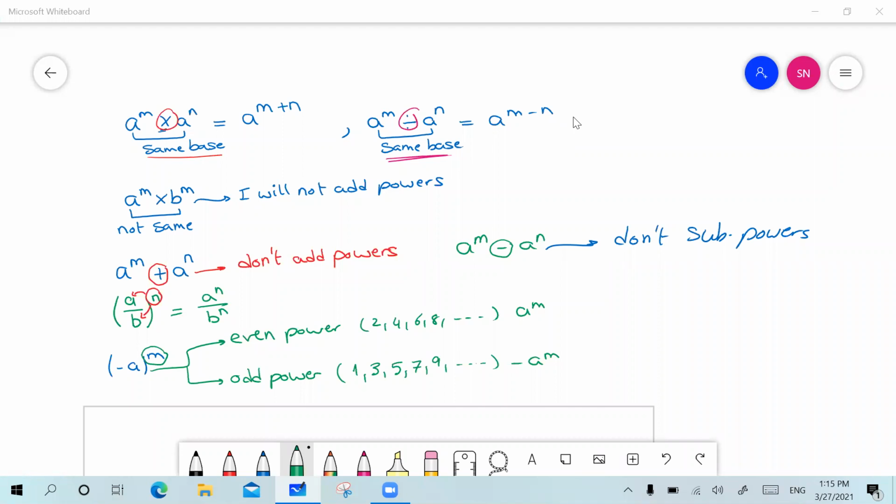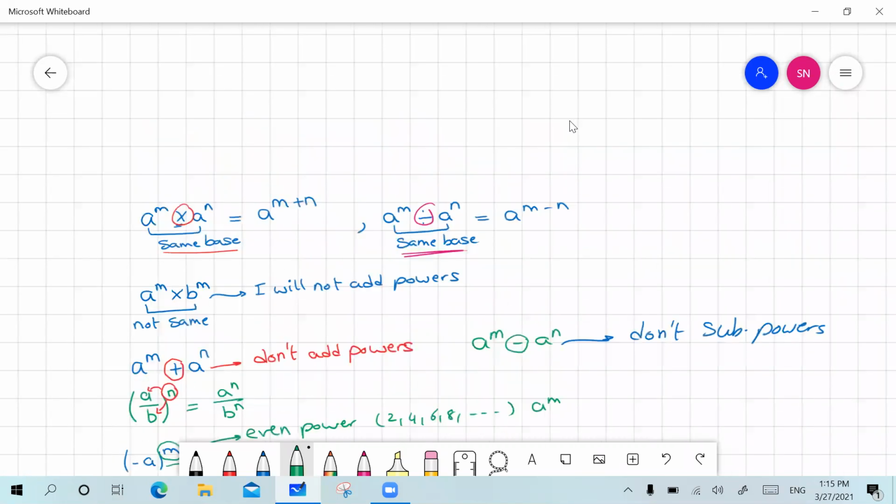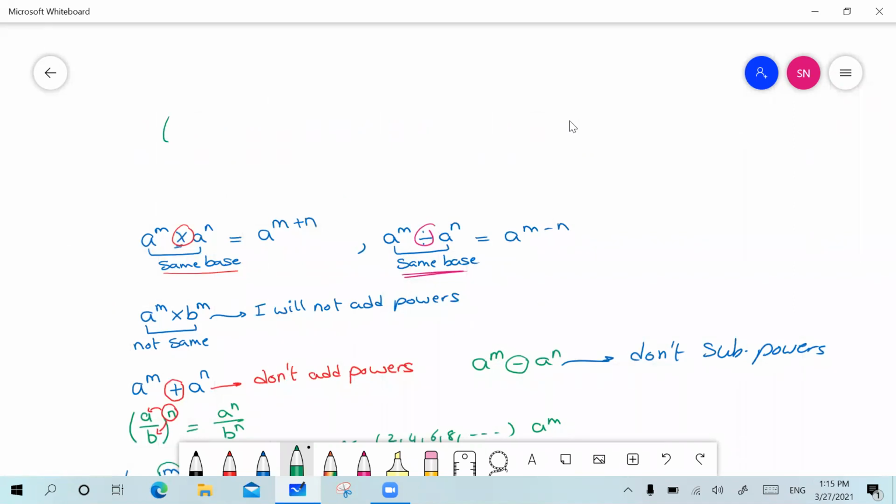Okay. Yusuf Girgis, now the question that you said, that you have 2 to the power of negative 2 plus 2 to the power of negative 2. Here, I am adding, okay? So, to answer this question, I'm going to find the answer of each one alone. 2 to the power of negative 2 is equal to 1 over 2 to the power of 2, plus 1 over 2 to the power of 2.